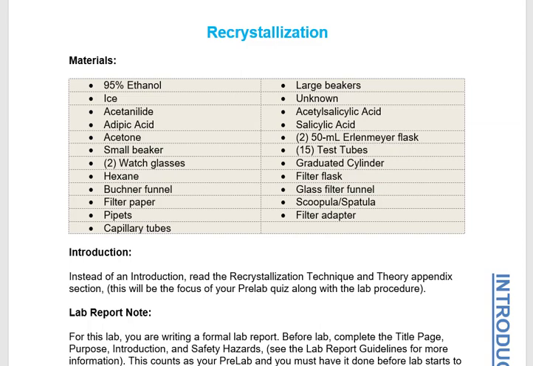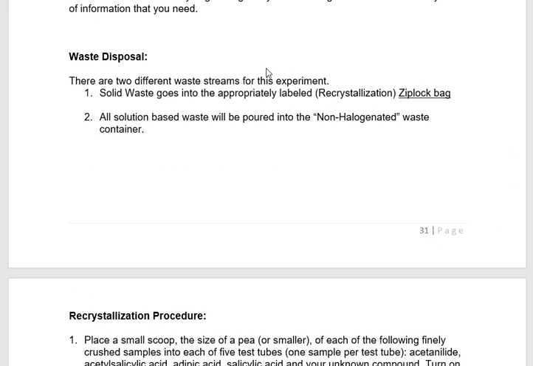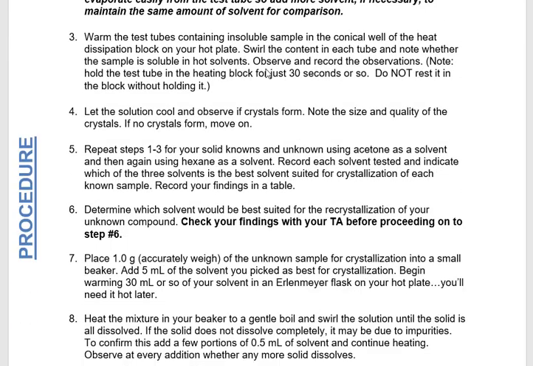In this experiment, this is an organic one lab experiment. Just to let you know, for this experiment, if you hadn't noticed or read, there are two different sections of the lab manual that you need to read through to be prepared. There is the recrystallization experiment part that has the materials, introduction, the procedure, all of that stuff.